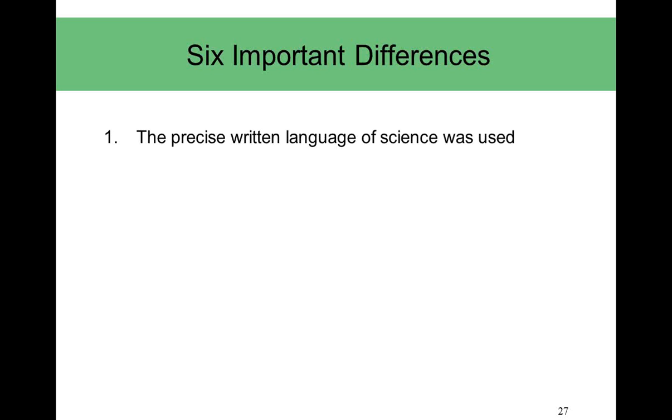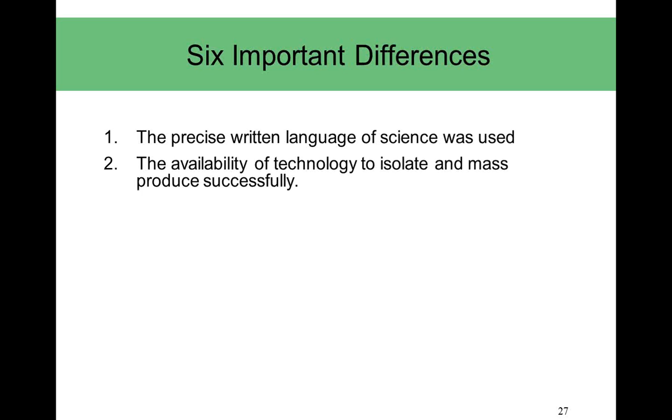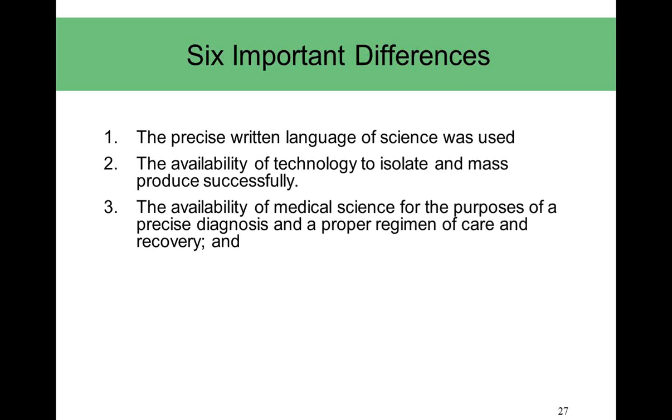First, the precise written language of science was used. That's not true in terms of indigenous societies because, in many cases, they might not have been literate societies. So there's precise written language that people could read and re-articulate. Second, the availability of technology to isolate and mass produce successfully. The indigenous brand of penicillin did not have those standards.